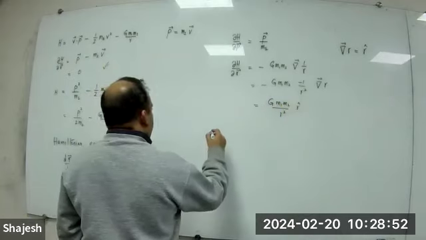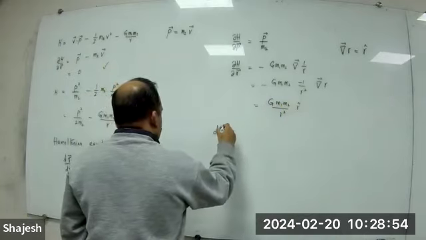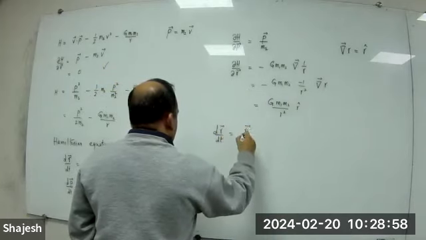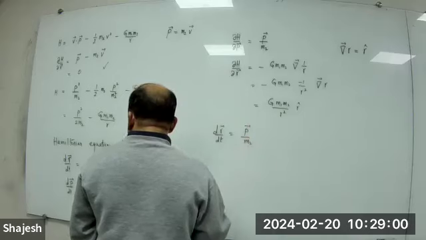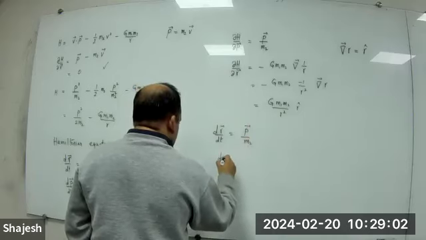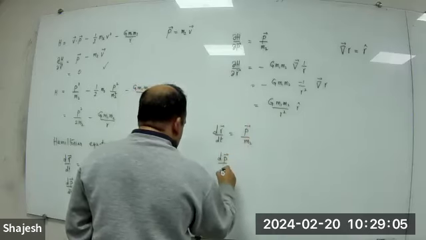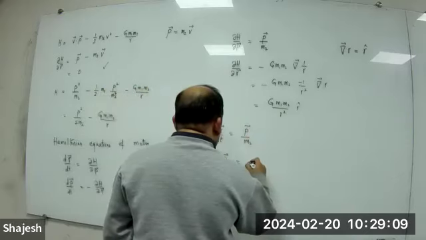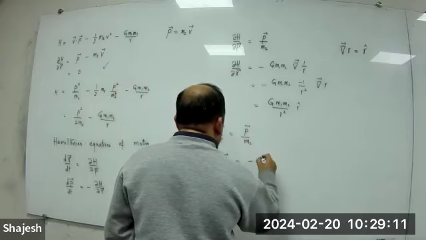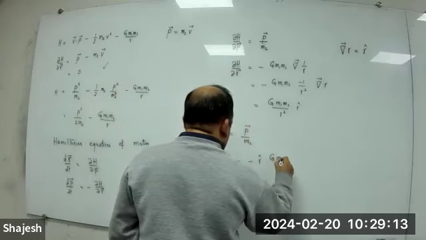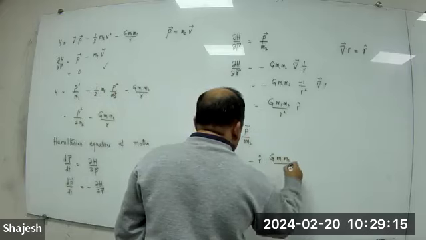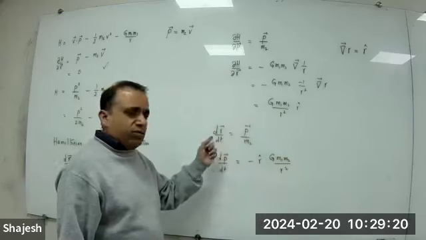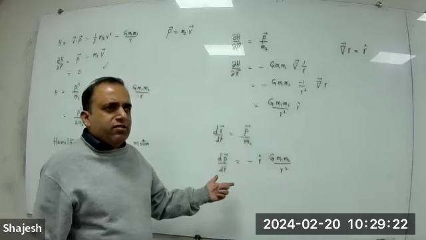So our Hamiltonian equations of motion become dr by dt is equal to P over M2, and the time derivative of the momentum is the force. Force is attractive, so it's G M1 M2 over R squared. Same idea: if I put in P equal to mass times velocity, it's exactly the same equation.